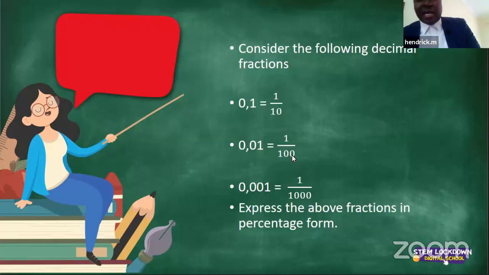The denominator is 100 and the numerator is 1. I want you to express that as a percentage. And of course, the last one will be 1 over 1,000. And I want you to express that as well in the form of a percentage.